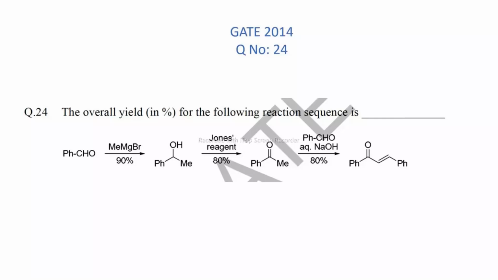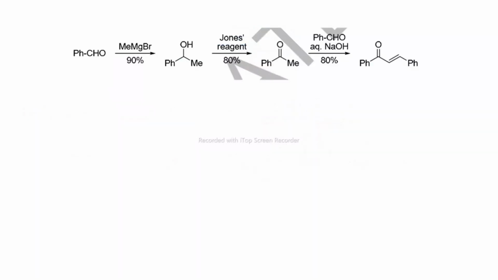It has three steps, so to calculate that, first we have to write this formula for the overall yield in percentage.